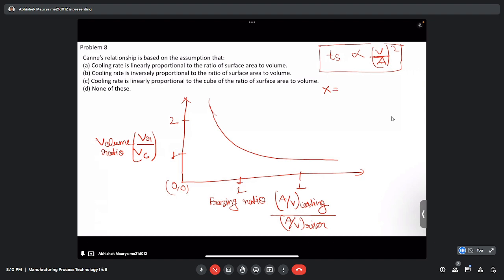The equation of this curve is x equals a divided by y minus b, plus c.